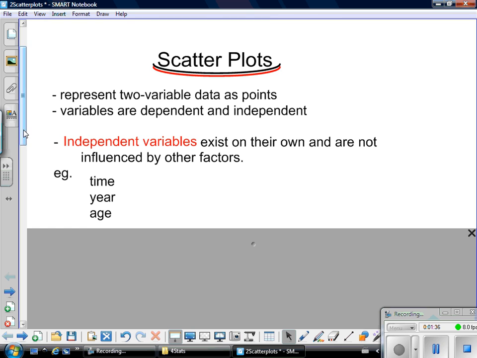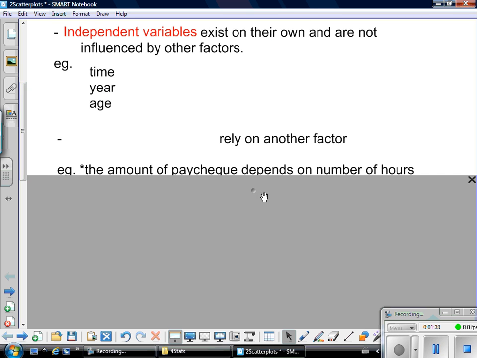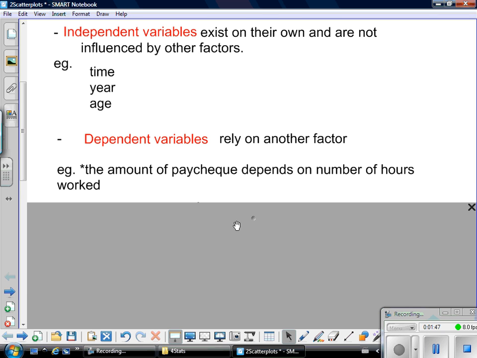And dependent variables rely on other factors. So, for instance, for those of you that work, the amount of your paycheck depends on the number of hours you work. So the number of hours is independent, that doesn't change, but the amount of your paycheck changes by the number of hours you work.